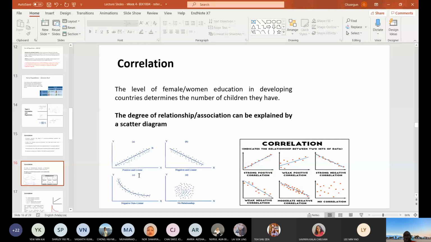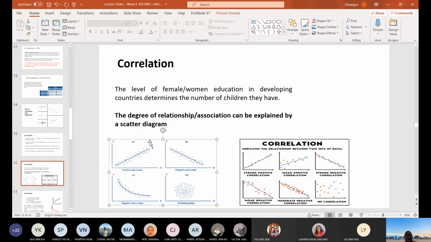This diagram that I put down here is talking about the various ways the data collected can be plotted in a diagram. When you have collected the data from a lot of samples, looking at the figure on the left, you can see how it is distributed.